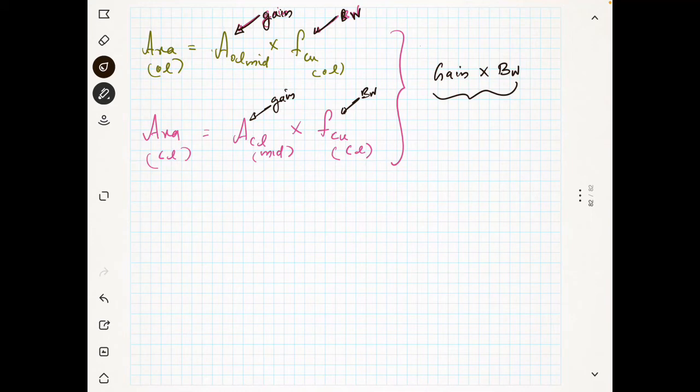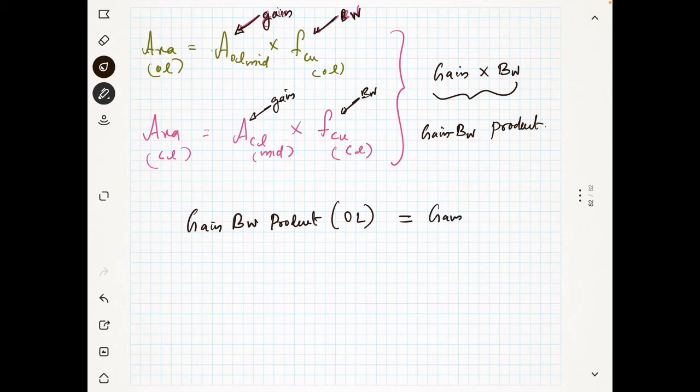That means we can say that it is nothing but the gain bandwidth product, right? And it is an inherent property that the gain bandwidth product in open loop will be equal to the gain bandwidth product in closed loop.